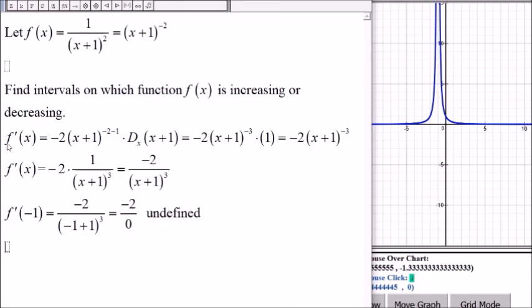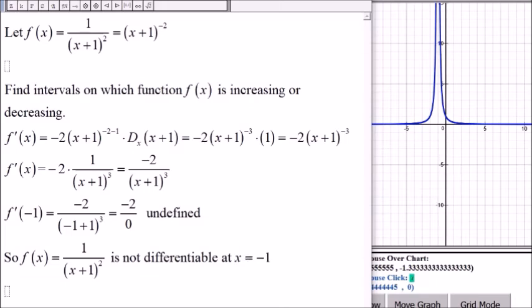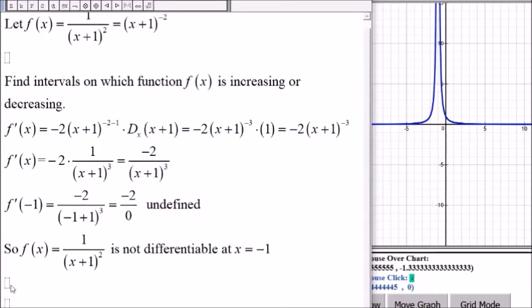So the derivative is undefined at x equal to negative 1. And so this function is not differentiable at x equal to negative 1. And wherever the function is not differentiable, we call that the critical number.